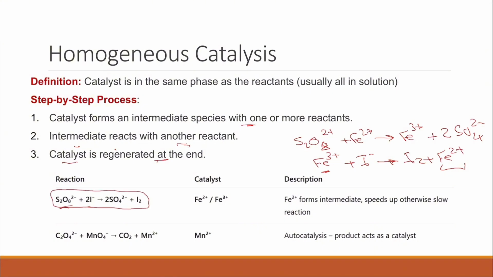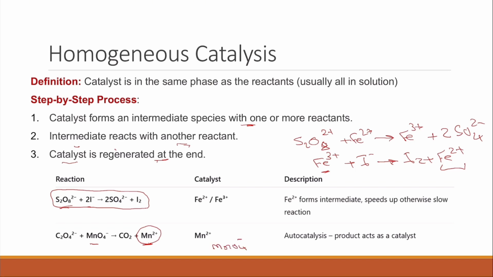And we also have autocatalysis, where we use manganese(II) as a product in the reaction and as a catalyst for the redox reaction between ethanedioate and manganate to give carbon dioxide and manganese. The reaction simply starts with the manganate, MnO4-, reacting with manganese(II).